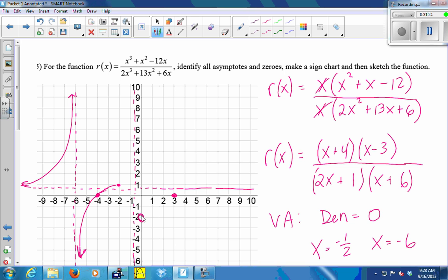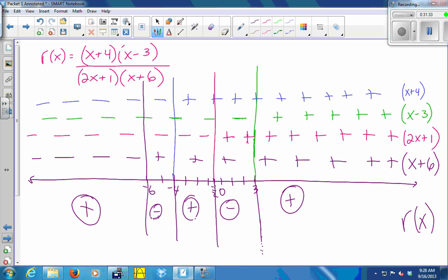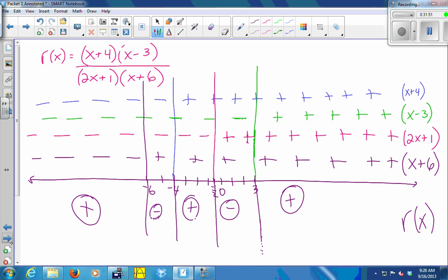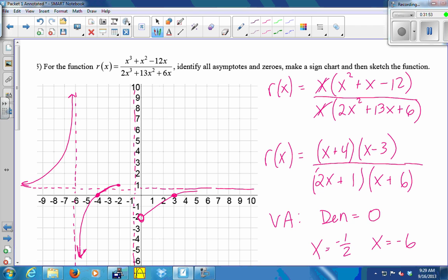So that goes like that. And then negative 1/2 to 3 is always negative. So this looks like maybe it goes like this. Oh no, it can't. At 3 it's 0, and then after 3 it's always positive. Yeah. So that goes like that.